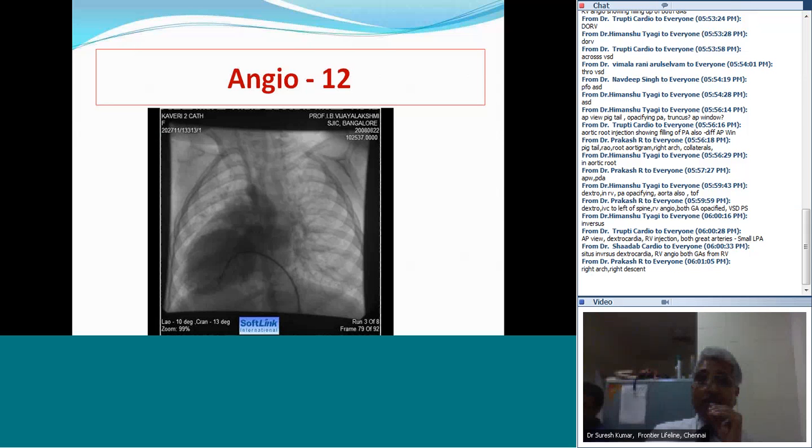Okay, any ideas? Give me some observations. What can you see? Start from the very beginning. Okay, yes, supravalvular AS. Right.